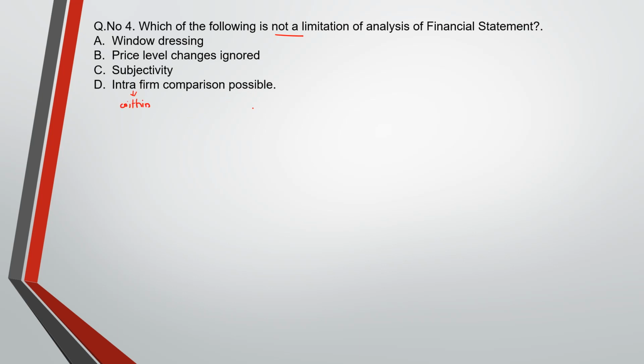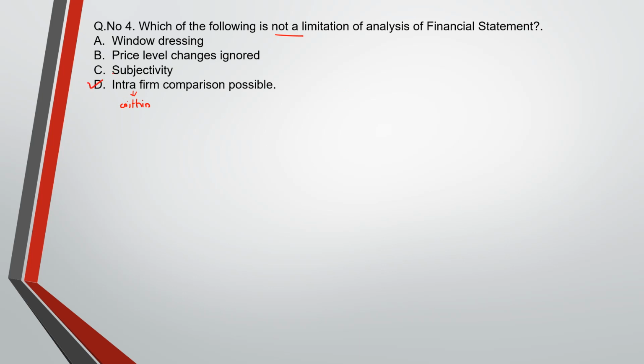Possible. Yes, it is possible. When you do analysis of financial statement, you can do comparison of different years, like say the past 3 to 5 years of the data of the company can be put side by side and analysis is possible. So that is possible. That is not a limitation. That's actually an advantage of doing analysis of financial statement.